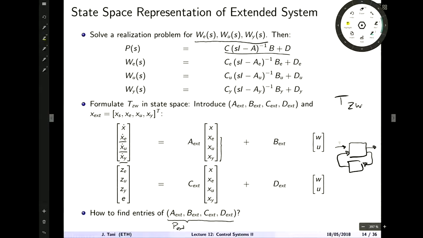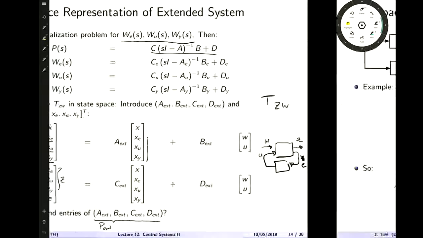Okay, I need to keep track of time. So we have W, Z, and U, and Y, or E, sorry, in that case E. So we have two inputs, W and U, and what's measured is Z plus the error which is coming out on the right-hand side. So this is the extended system, nothing complicated, but we need to move it to state space, okay?